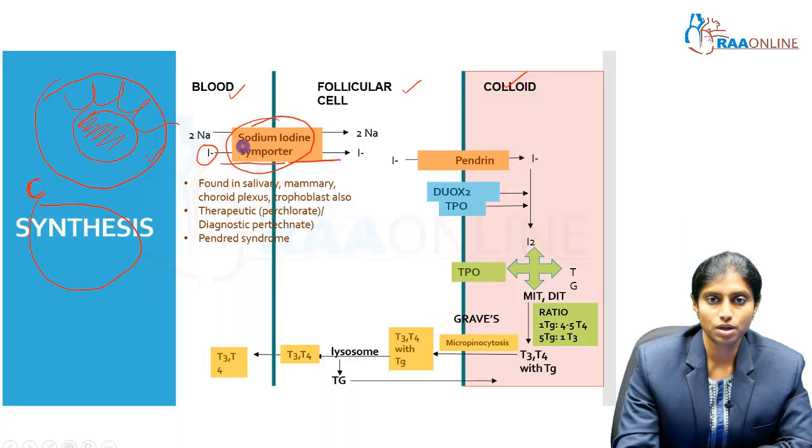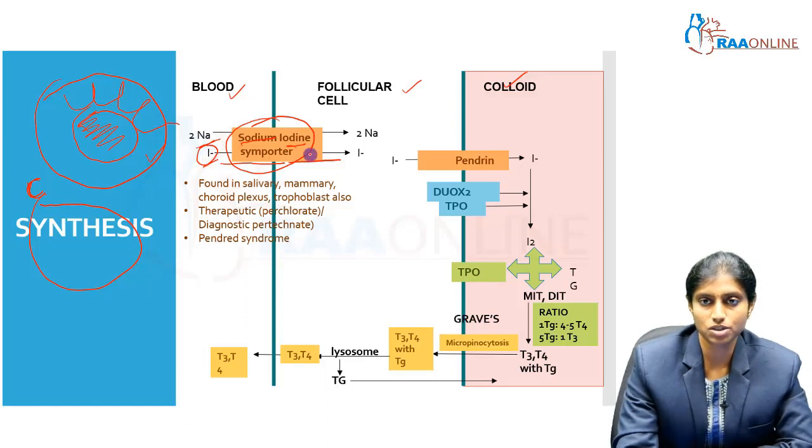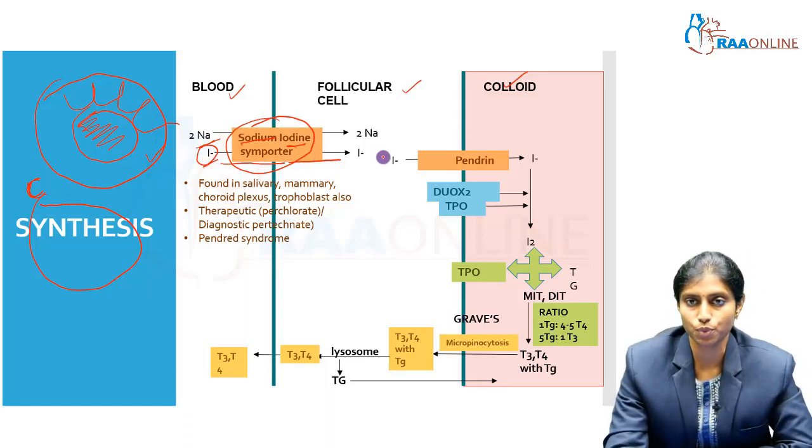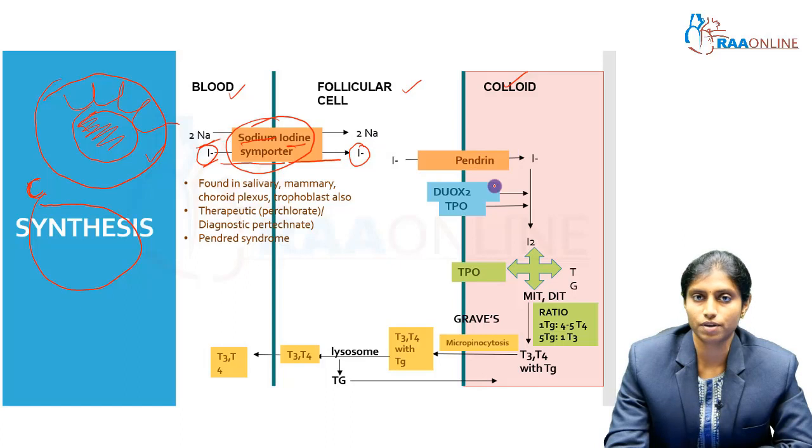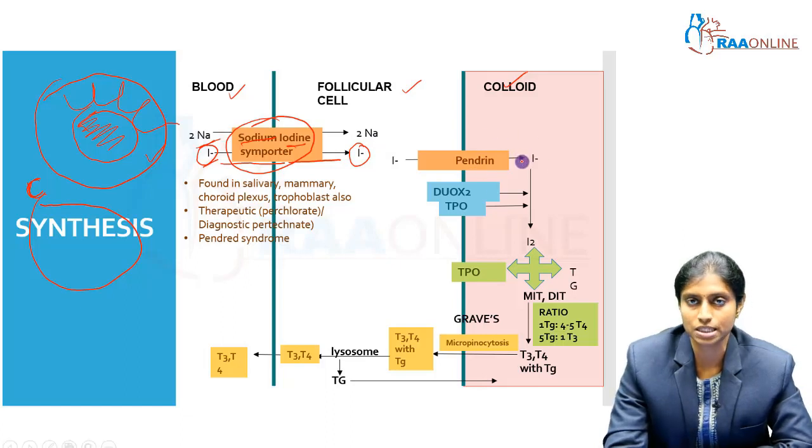Since it is a symporter, it transports both sodium and iodide in the same direction: 2 molecules of sodium and 1 of iodide, this is iodide and not iodine, are transported through the sodium iodide symporter into the follicular cell. In the follicular cell, this iodide is again transported into the colloid, where the major process of thyroxine synthesis takes place, by means of a transporter called pendrin.